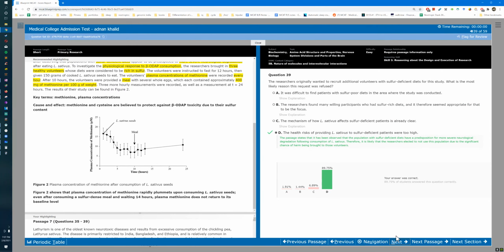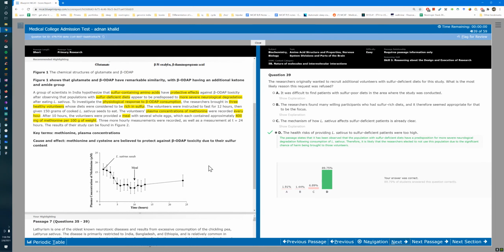All right, this one, why didn't they do this with volunteers with sulfur deficient diets? So they're basically looking at a population with sulfur deficient diets, and they're predisposed to neurological degradation after eating L. sativus leaves or seeds.